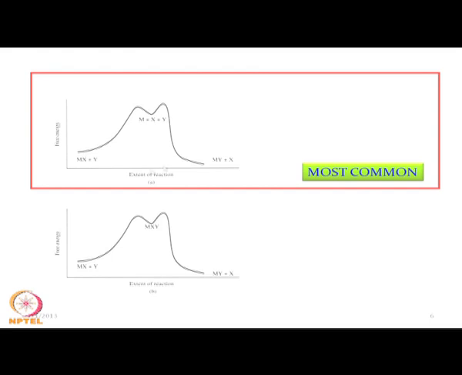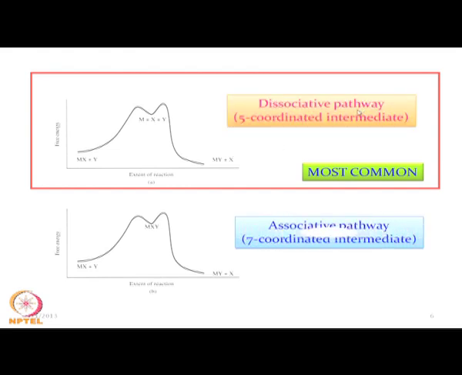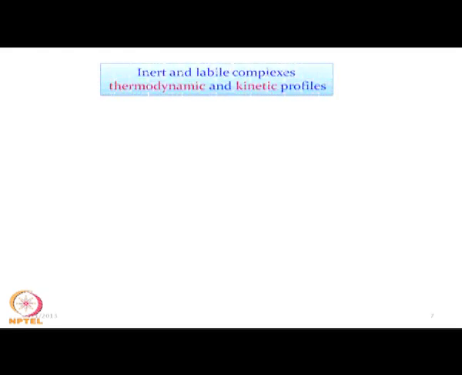The dissociative pathway is the most common one, where this ML5X is reacting with Y giving ML5Y plus X, and is a 5 coordinate intermediate in this particular case, and in the other case we have the 7 coordinated intermediate forming. We have discussed this so far, and the corresponding free energy and the path for the extent of reaction can also be monitored in that way to find out the corresponding rate law.